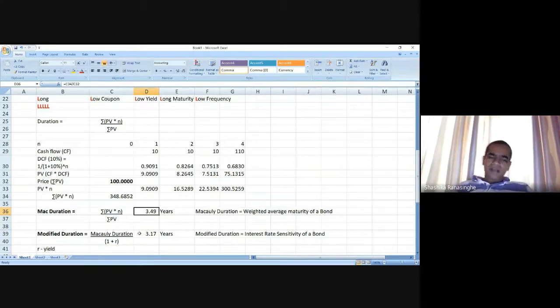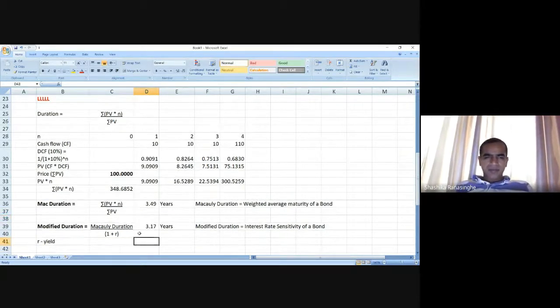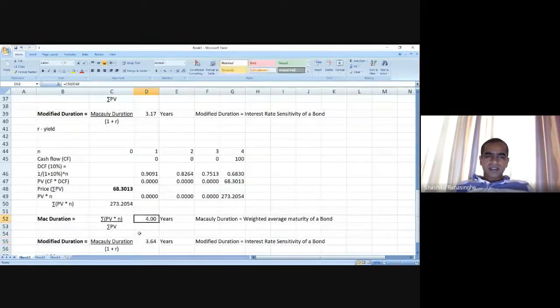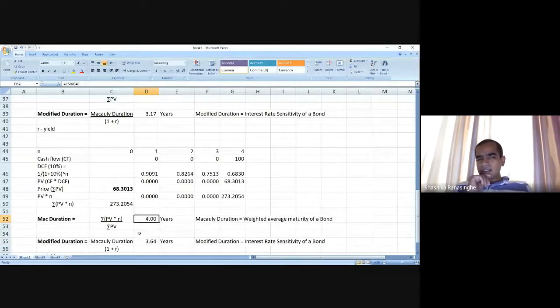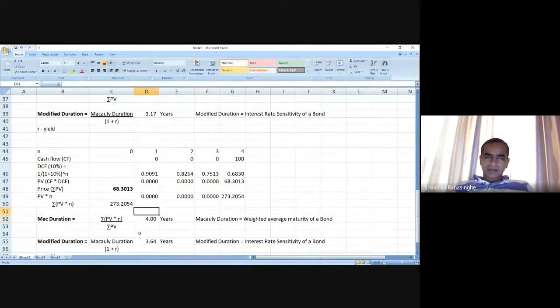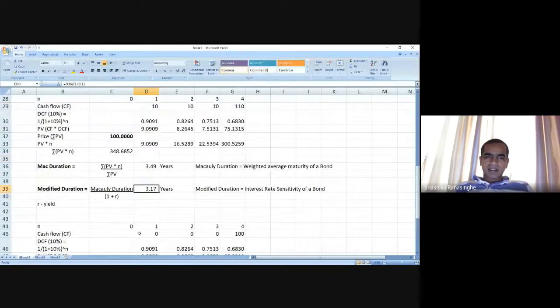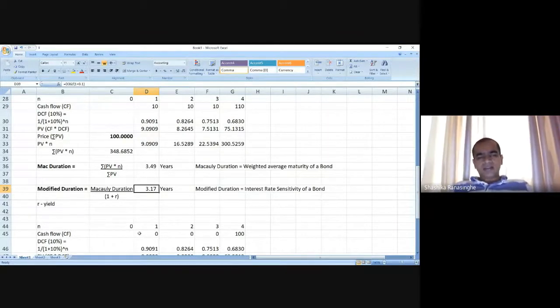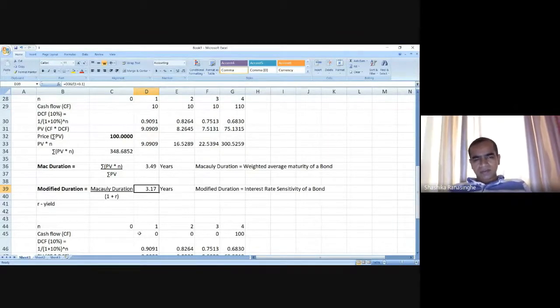Now, the Macaulay duration of a zero coupon bond is equal to its maturity. So a zero coupon bond which has an interest rate sensitivity of 3.17 will have a maturity of what? 3.49.